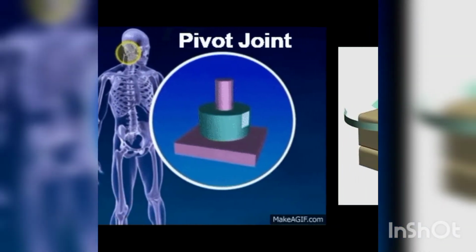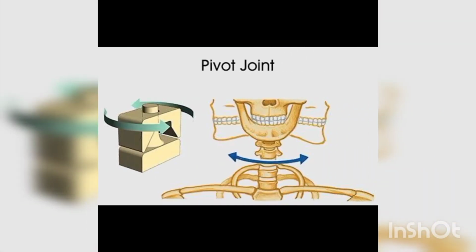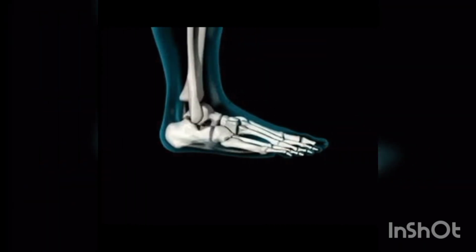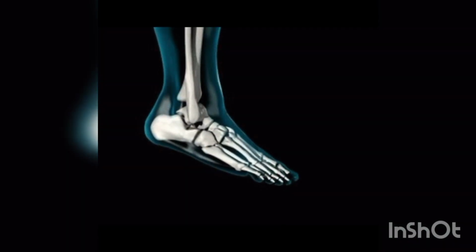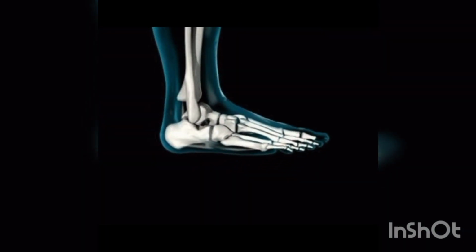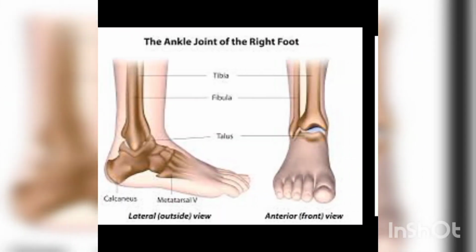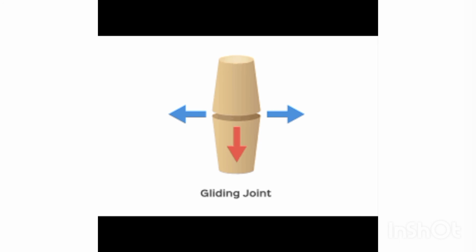This is due to the pivot joint. We can rotate our head. The next joint is the gliding joint. The joint present in our ankle and wrist is known as the gliding joint. The joint that moves the parts slightly and easily is known as the gliding joint. So these are the different types of joints present in our body.